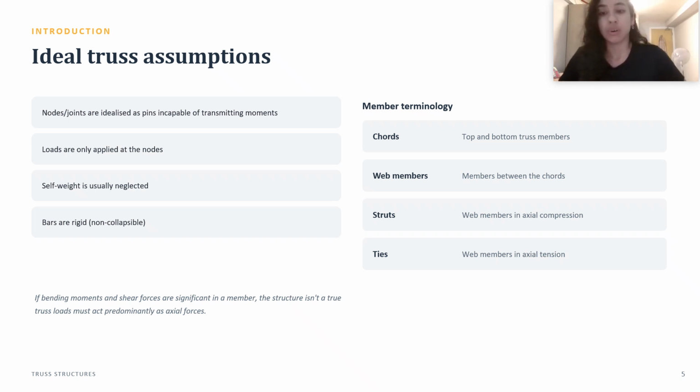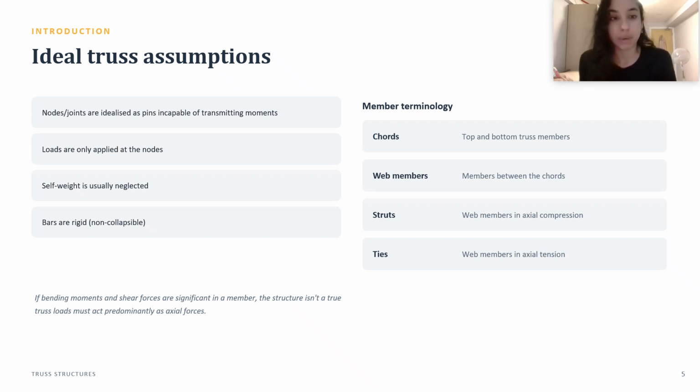The loads are only being applied on the nodes, okay? The weight of the entire truss is going to be neglected, and we are going to assume that these bars are the strongest material you could ever think of. They are rigid, okay? They cannot collapse.